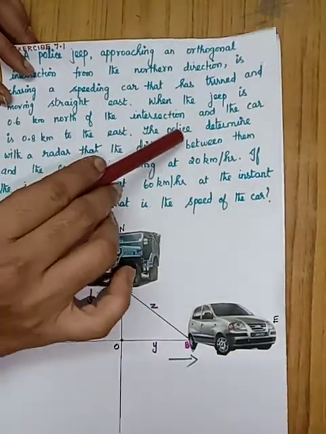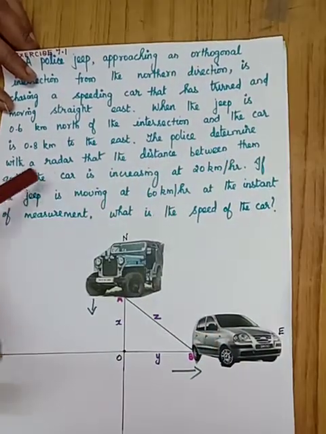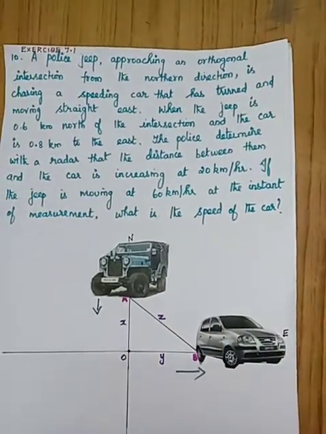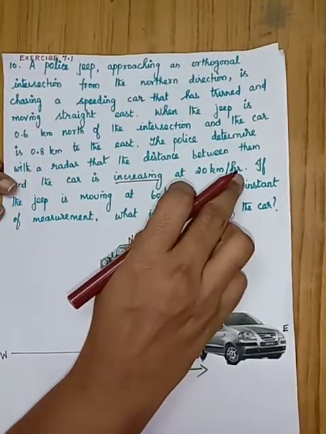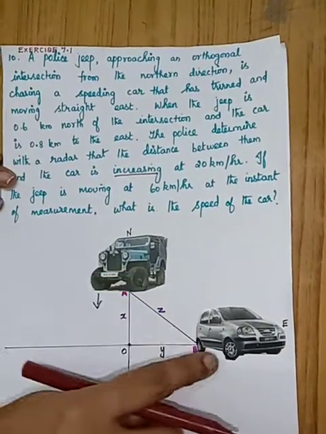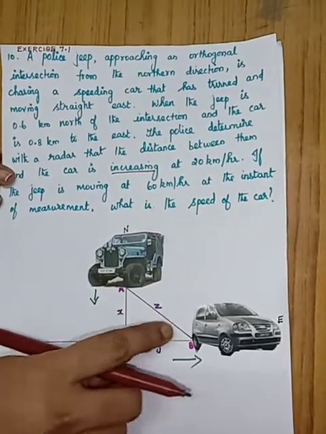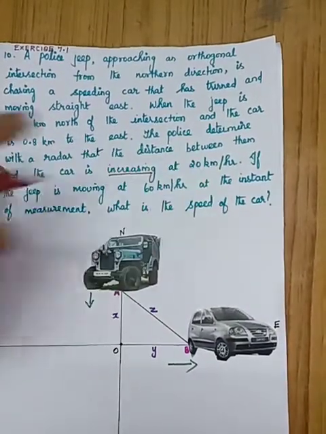The police determined with the radar that the distance between them and the car is increasing at 20 km per hour. First we denoted the distance between the jeep and the car as z. This distance is increasing at 20 km per hour.